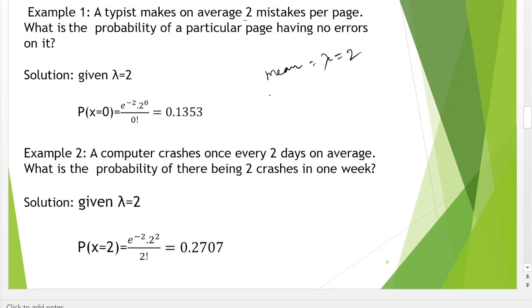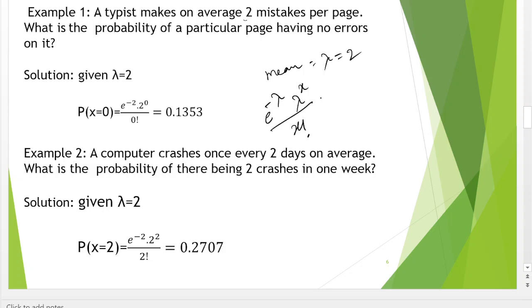The probability mass function is e power minus lambda, lambda power x divided by x factorial. Here lambda is 2 and x is 0. Substituting these values in our given formula, we get 0.1353. So there is a 0.1353 chance of there being no mistakes on a page.